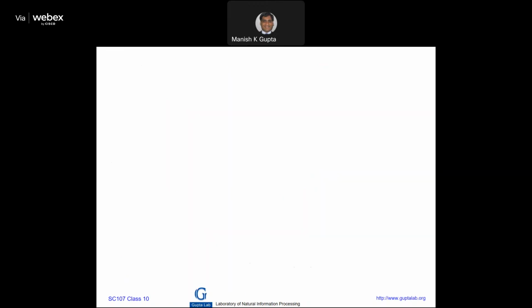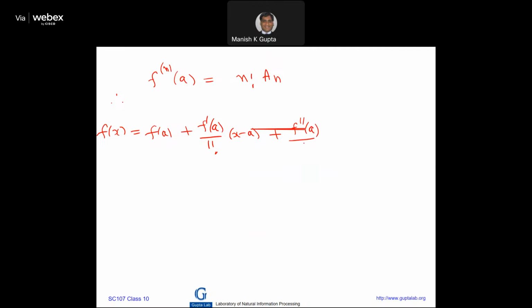So here, if you continue like that, nth derivative evaluated at x equal to a will be factorial n times an, right? So function, therefore, f of x is equal to f of a plus f dash of a divided by factorial 1 times x minus a plus f double dash of a divided by factorial 2 times x minus a whole square and so on. Right.